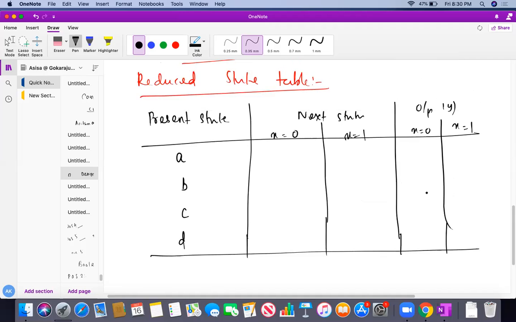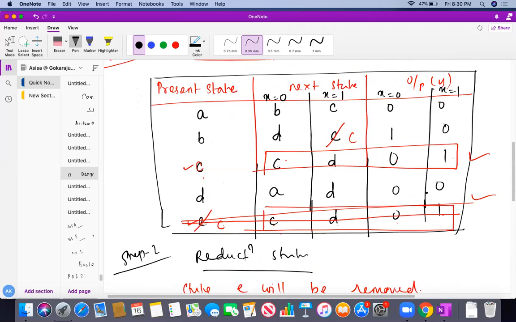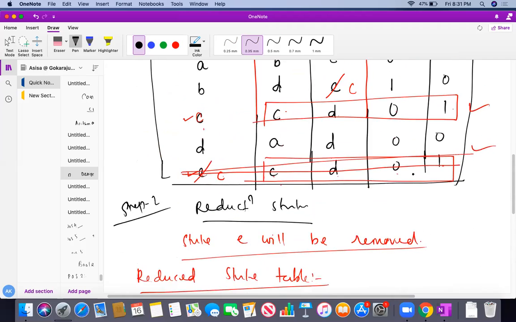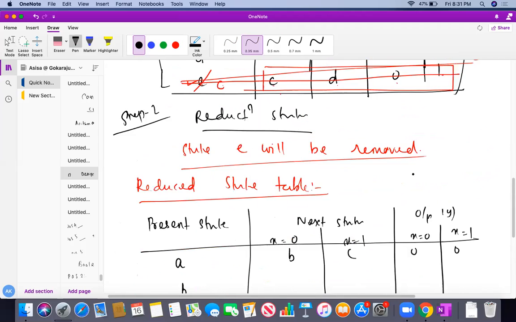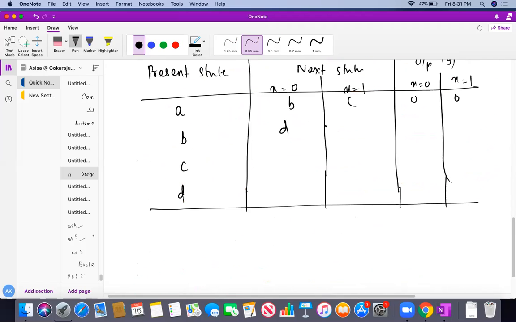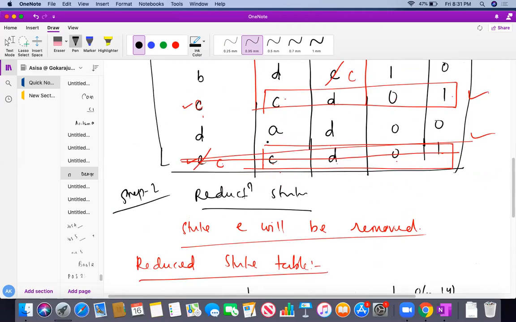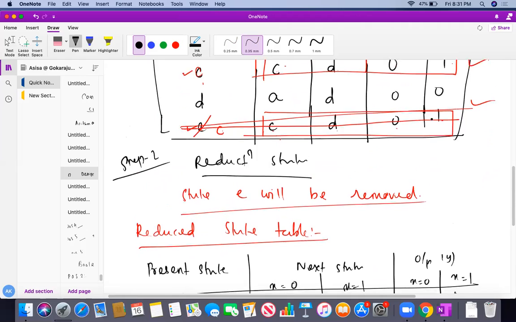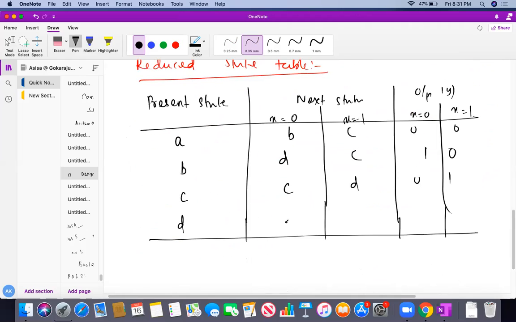That's why it got removed. So what are my next states? B, C, 0, 0. I'll just copy that, nothing else. Next, for state B: D, C, 1, 0. Next, for C: C, D, 0, 1. Next, for state D: A, D, 0, 0.